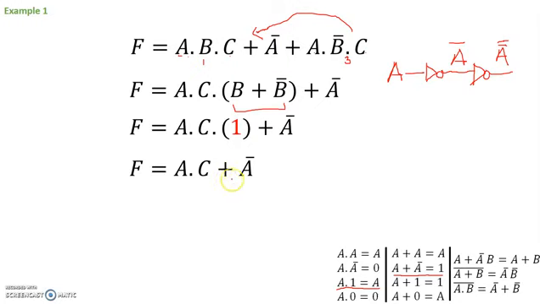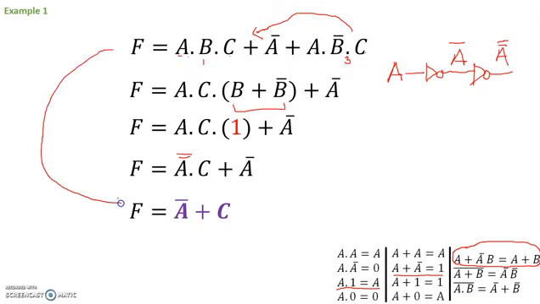So if you look at this expression right here, I have not A and A with a double bar over it. So this looks like not A or not of not A ended with C. That is very similar to this rule right here, absorption rule. So if you take a look carefully right here, so we end up with not A or C. So that's the final simplified expression for the original expression we started out with.